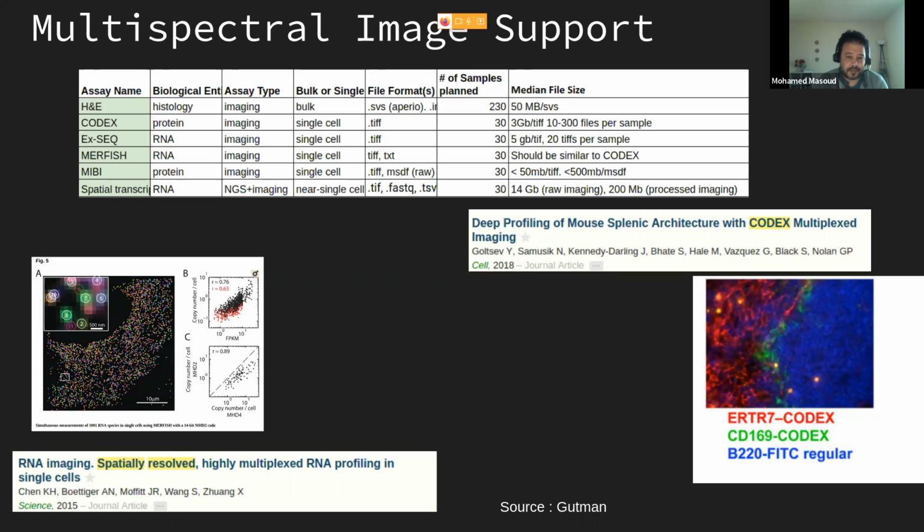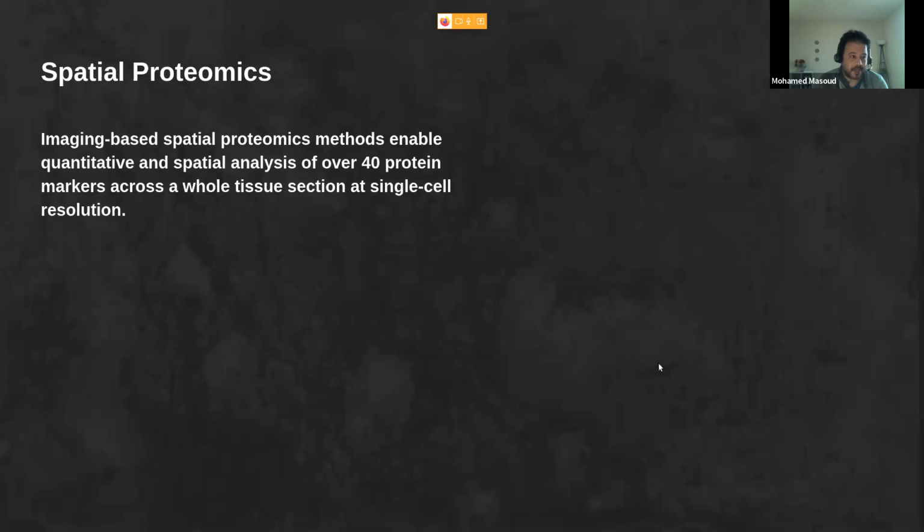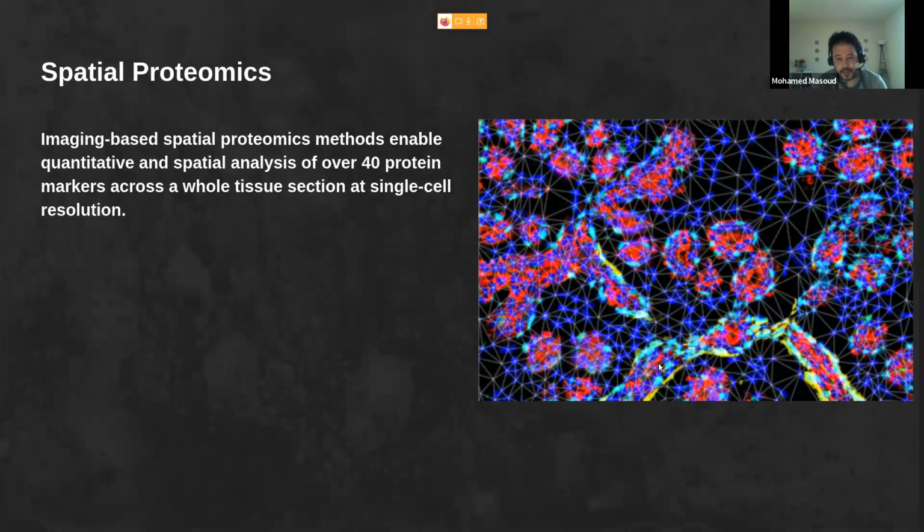If we get the proteins, we can go to spatial proteomics, an imaging-based method that enables quantitative and spatial analysis of over 40 protein markers across a whole tissue section at single cell resolution. Spatial proteomics is a large-scale analysis of proteins and their localization and dynamics within tissue.